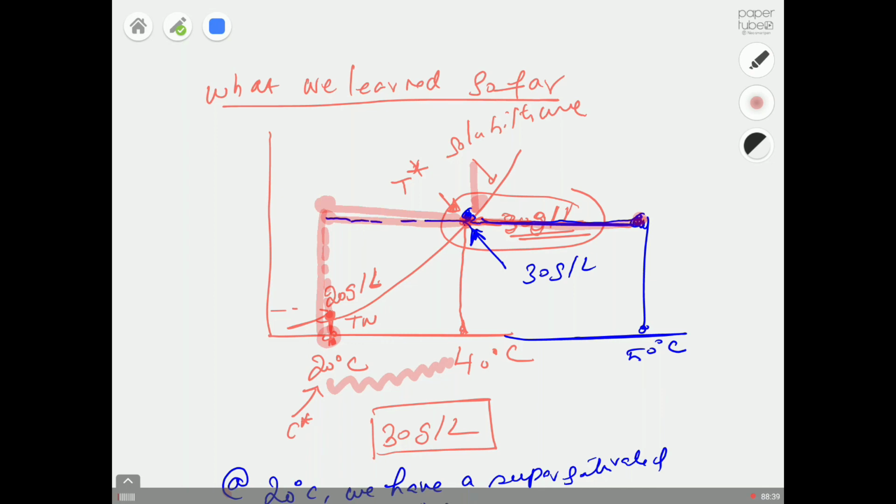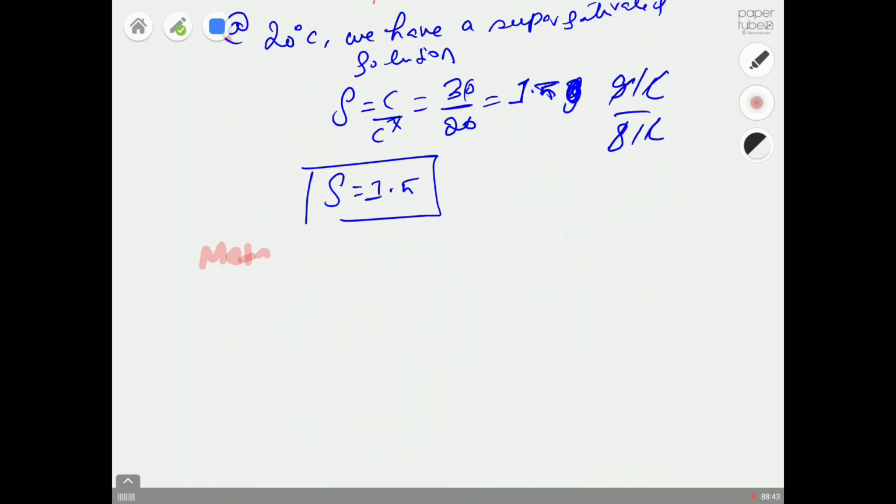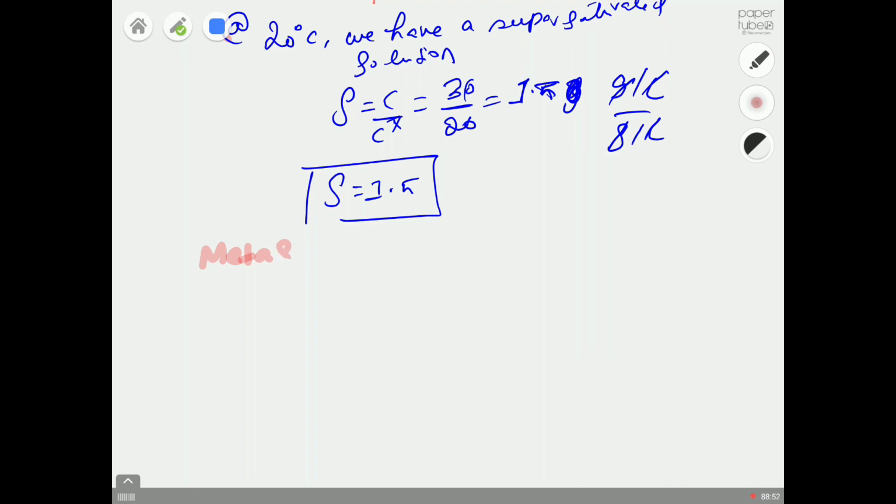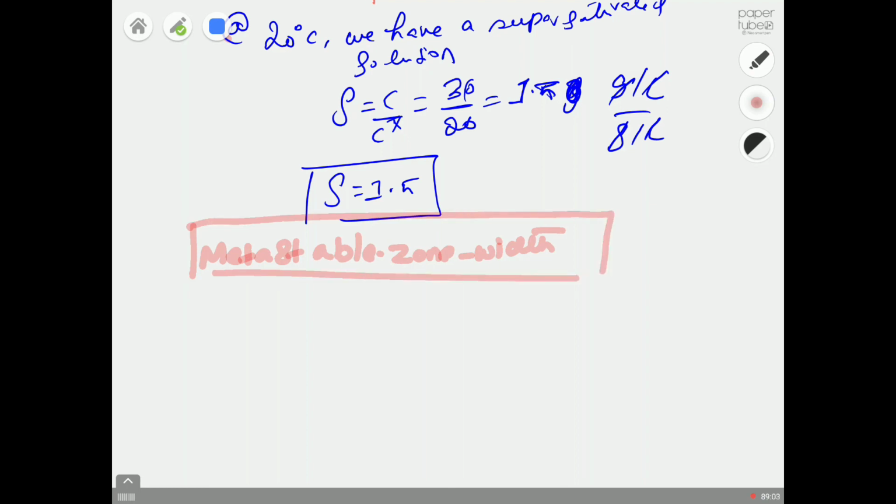Why is that? The answer is the metastable zone width. So now we need to know an extra bit of information apart from your solubility line.